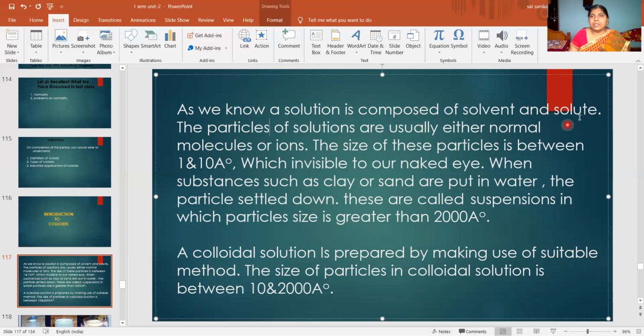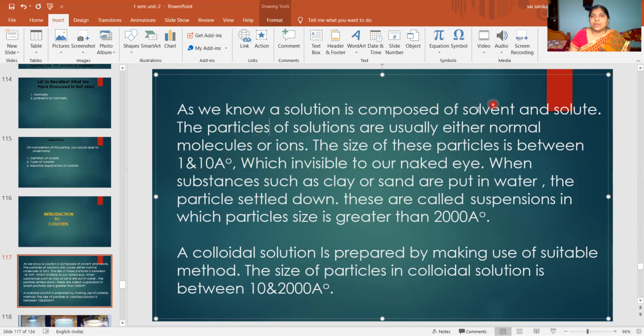What are the two components? Solute and solvent. The size of these particles is between 1 and 10 angstrom units, which is invisible to our naked eye. That means we can't see with our eye.